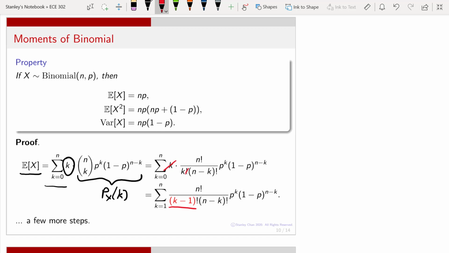And then the calculation has to carry on, and there will be a few more steps, and then eventually you will get to this point. Now, how do we do that? We are going to use the binomial identity and also the infinite series properties of a binomial series to calculate this expectation of x. How about the second moment and variance? They will follow the exact same principle.